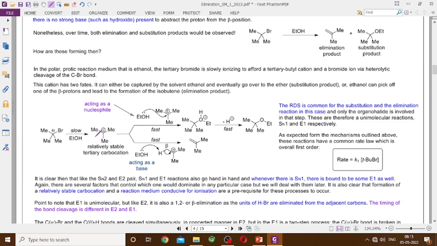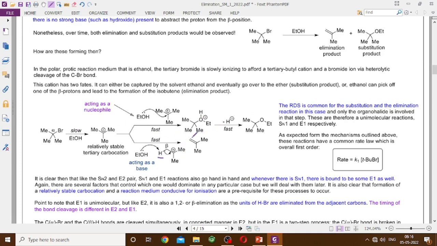Therefore, it chooses to react with this ethanol molecule in two different ways. যেমন হাইড্রক্সাইডের আগে একবার বেস হিসেবে কাজ করছিল, একবার নিউক্লিওফাইল হিসেবে কাজ করছিল। এখন ইথানল will either act as a nucleophile, if it attacks the carbocation as a nucleophile, then it will lead to formation of the ether, and if it chooses to abstract one of the 9 beta hydrogens and forms an alkene, then it is acting as a base. So both substitution as well as elimination reactions are possible.